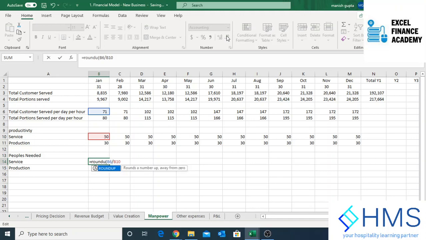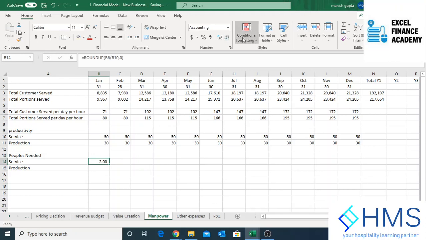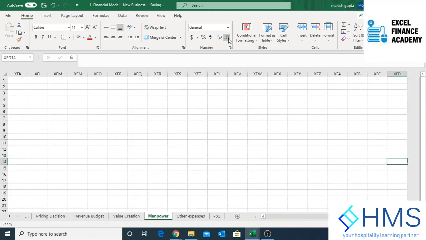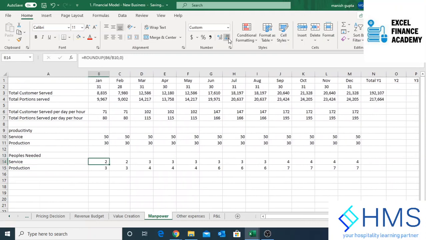Here we need to do round up, because you cannot serve 0.1 customers. So it becomes 2 people, 1 person up to 30, and another 1 for the extra 20, right? And for production you need 3 people, but for each month it is going to be different numbers. So here you get your people needed per month for your production.